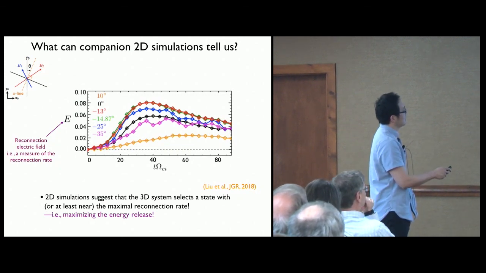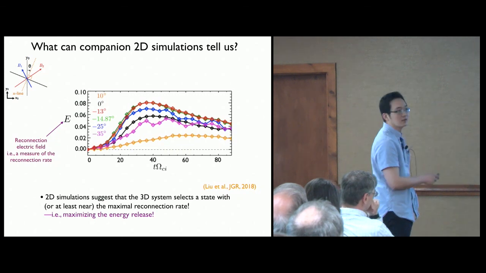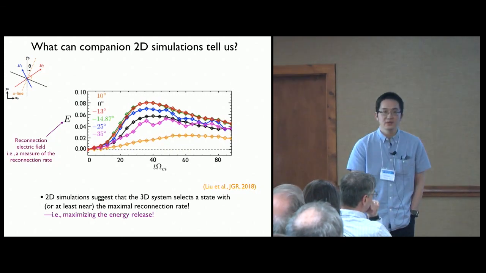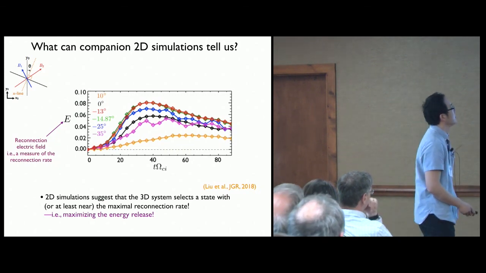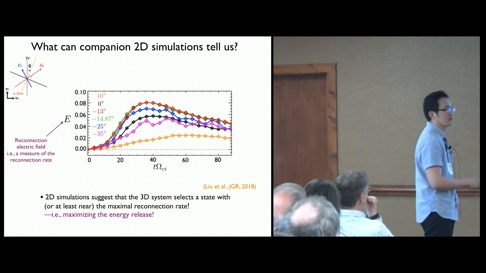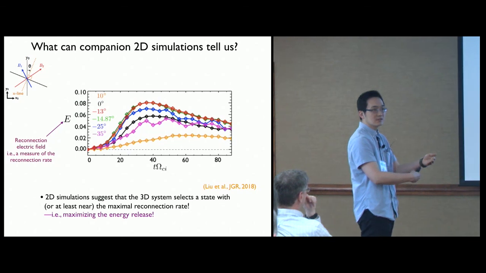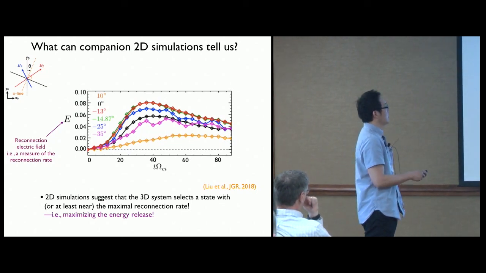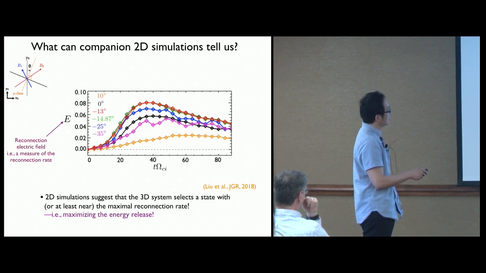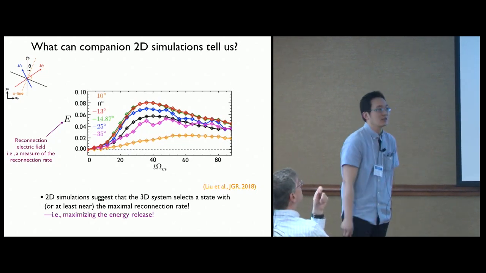What I show here is the reconnection rate, which is the reconnection electric field, as a function of time. See how it evolves. At different planes, we have different strengths of B field and upstream conditions, a different asymmetry, and we can measure the reconnection rate. You can see that minus 13 degrees is the one that maximizes the reconnection rate.